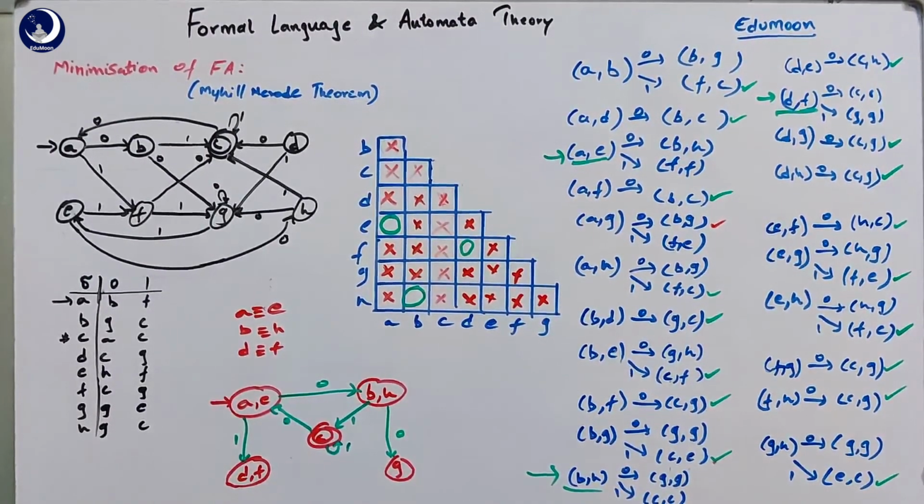Now coming to D and F, D and F on 0 goes to C and on 1 goes to G. So finally coming to G, G on 0 goes to G, G on 1 goes to E, so we can mark that E in this way.